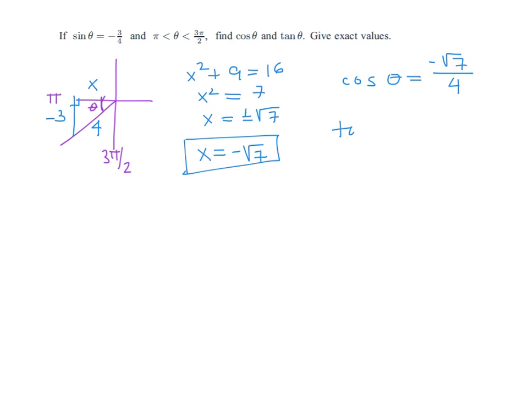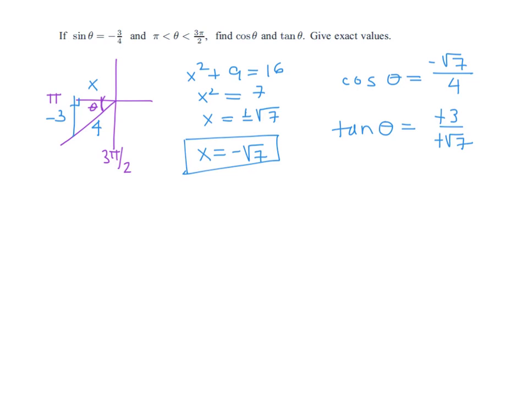And tangent of theta will be opposite over adjacent, so negative 3 over negative square root of 7. Negative over negative makes it positive, so you can leave it as 3 over square root of 7. You could rationalize this fraction, but you may also leave it as it is.